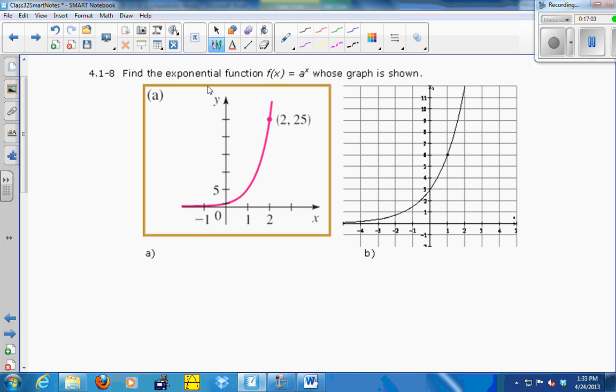All right, so we are looking for functions of the form a times b to the x, whose graphs are shown. So we know a, from our rabbit example, we know that that first number is the y-intercept, right? It was the 1,000 and the 1,000 times 2 to the t. So a is the y-intercept, and b was the growth factor.